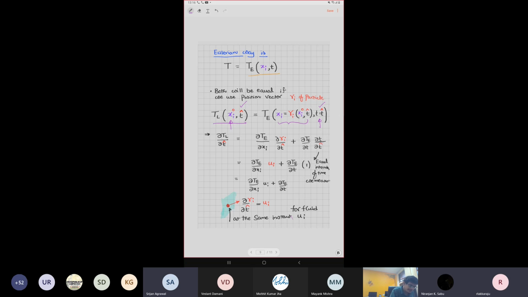Wonderful. If that is clear, now this step is pretty easy to show what Euler has done. Now I'm going to calculate the material derivative on the Lagrangian. I can write it even as dTL by dt cap, as long as I specifically denote the Lagrangian quantity.